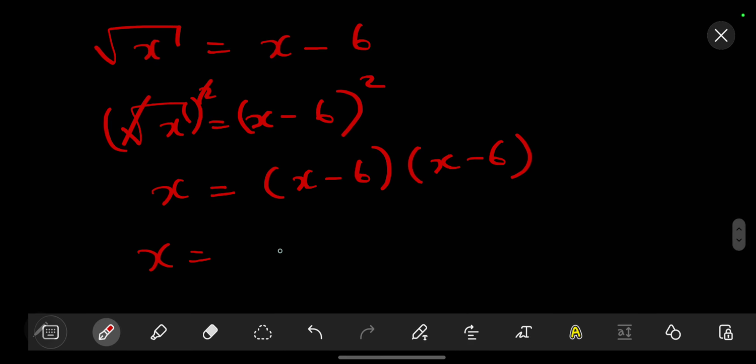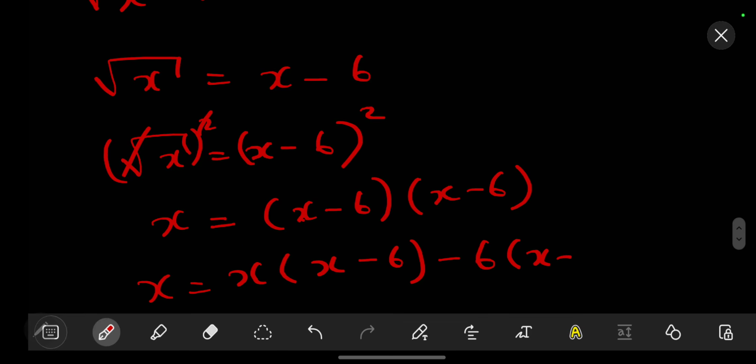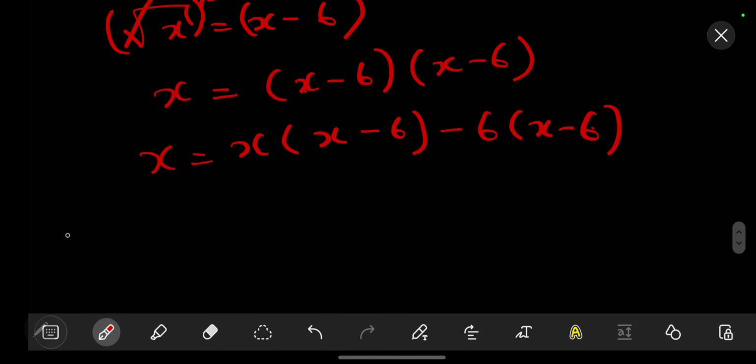So we are going to get x should be equal to, this x multiplies everything. So we have x, open brackets, x minus 6. Then we have minus 6 multiplies everything. So we have our x minus 6, like that. So we are going to have our x, which should be equal to x times x. We are going to get x squared. x times negative 6 will be minus 6x.